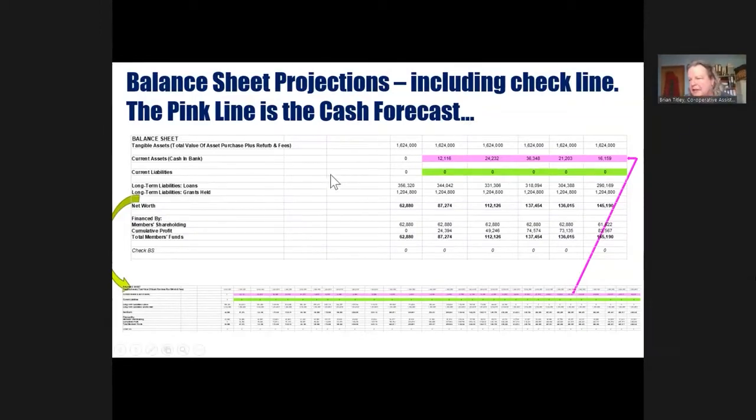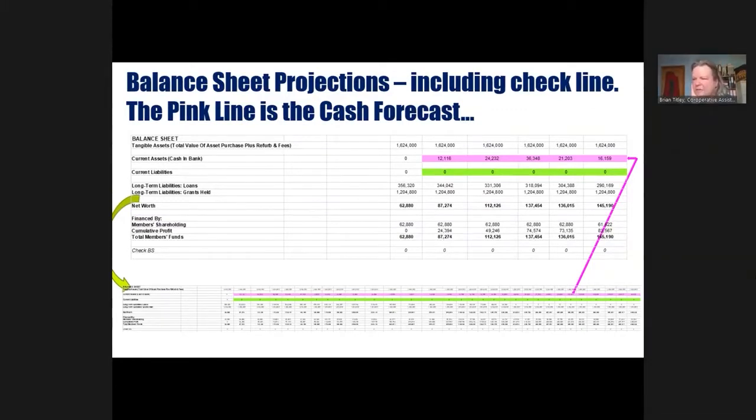And you're playing around with the loans and the grants and the loans held and the income to make sure that stays positive. We've got a shareholding line here, so just like a normal balance sheet, it's got the net worth, which is all the assets less liabilities, and it's got a financed by section of the balance sheet, which has got the members' shareholding and the cumulative profit in there.